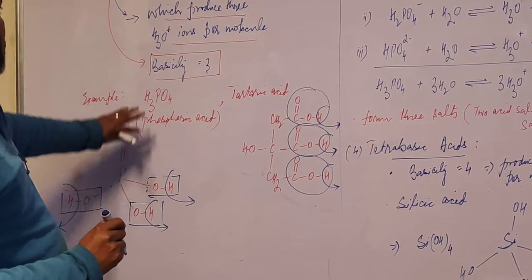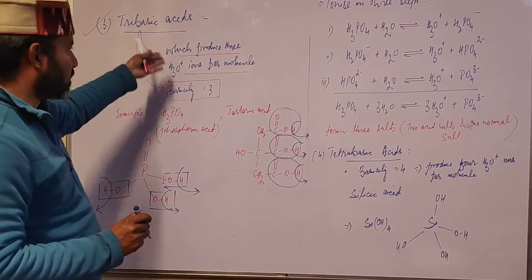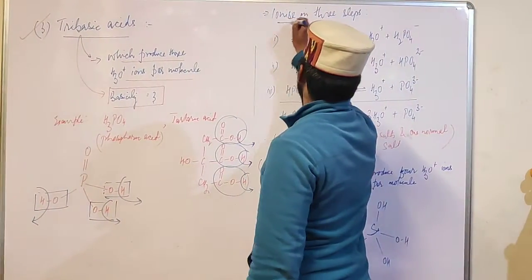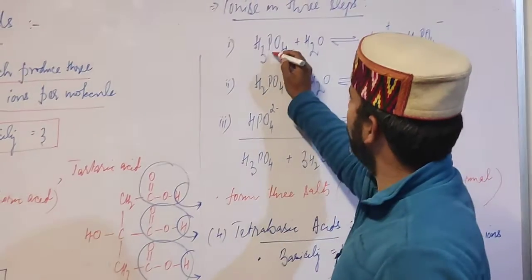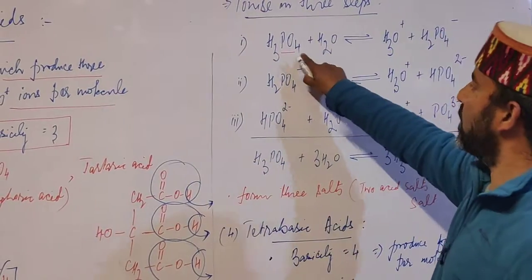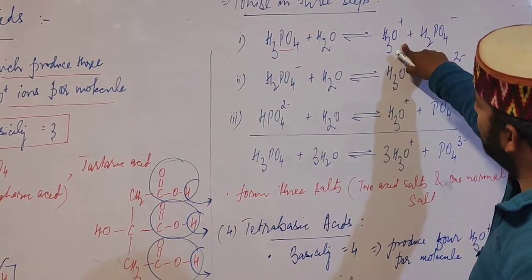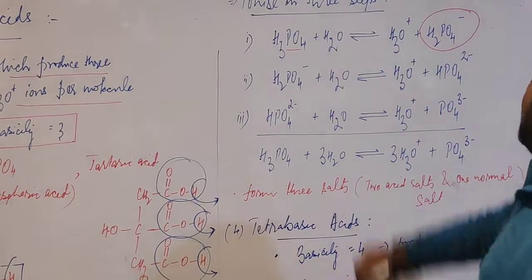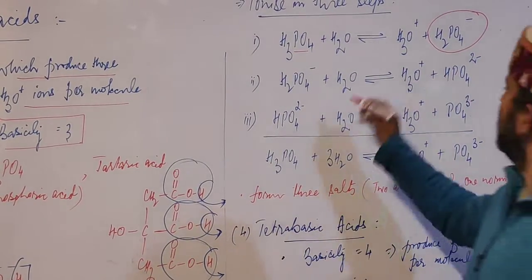Now students, like dibasic acids, tribasic acids undergo ionization in 3 steps. For example, look, phosphoric acid, in the first step it loses 1 hydrogen and therefore forms 1 hydronium ion, and the acid radical which we get is H2PO4 with 1 negative charge, that is dihydrogen phosphate.